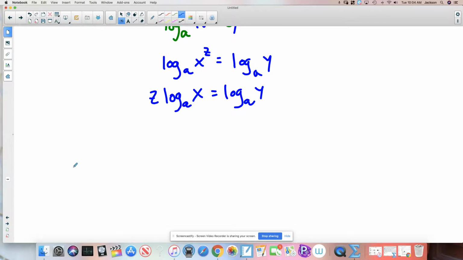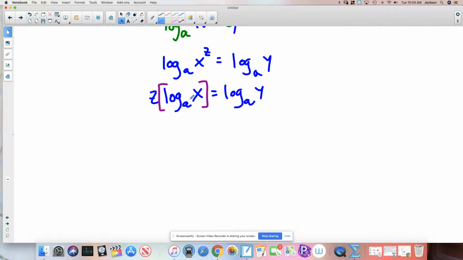Now, if we're doing a proof here to prove why something works, when you look at this, a logarithm is an exponent. It represents a number, right? So even though there are essentially 5 characters involved here, log a x, this entire logarithmic package represents a singular value.